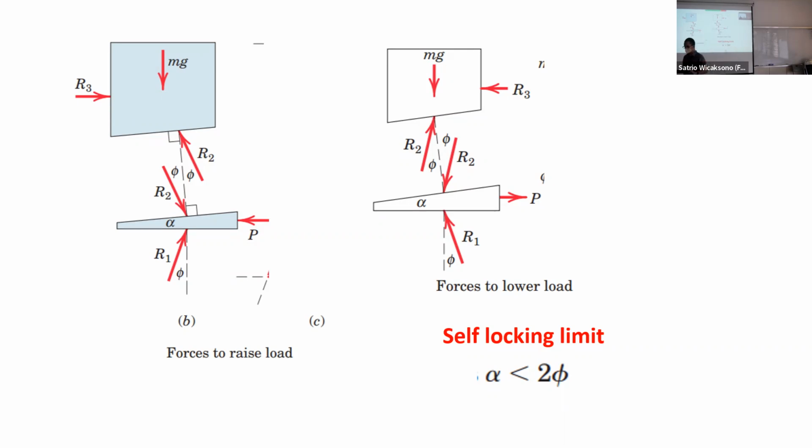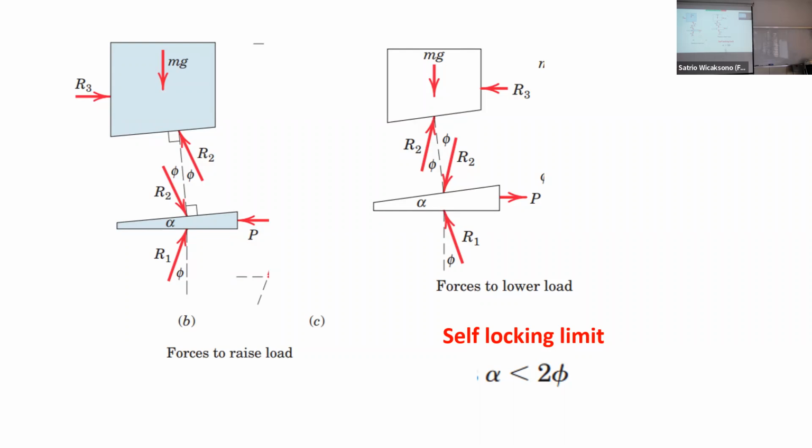Jadi kalau misalkan kondisinya itu adalah alfanya lebih besar daripada 2 pi, ya, sudut dari wedge ini lebih besar daripada 2 pi, yang akan terjadi adalah wedge-nya setelah kalian dorong masuk, kalian biarkan, dia akan keluar sendiri. Itu bisa terjadi kalau sudut dari wedge-nya terlalu besar. Dan terlalu besar itu batasannya adalah 2 pi.